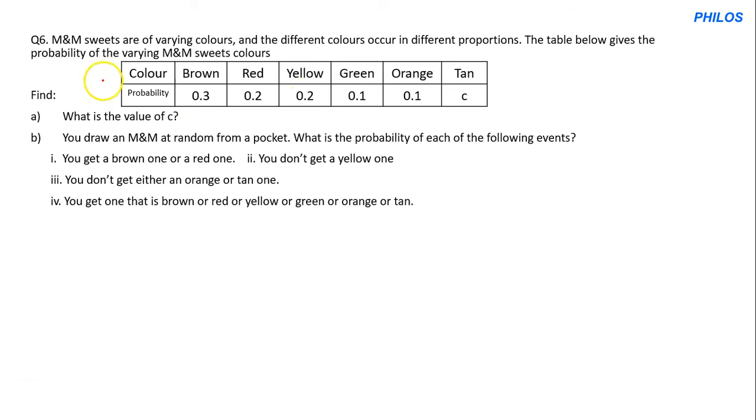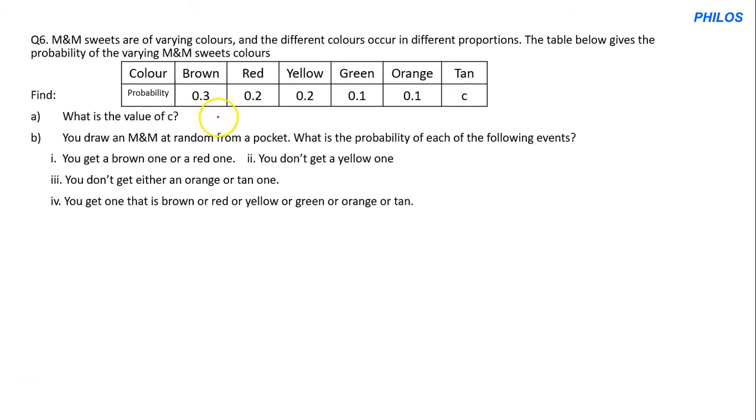Question 6 says, M and M sweets are of varying colors, and the different colors occur in different proportions. The table below gives the probability of the varying M and M sweet colors. So we have this. These are the various colors and their various probabilities. Question A says, what is the value of C?